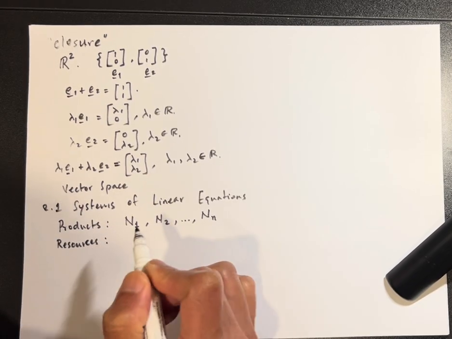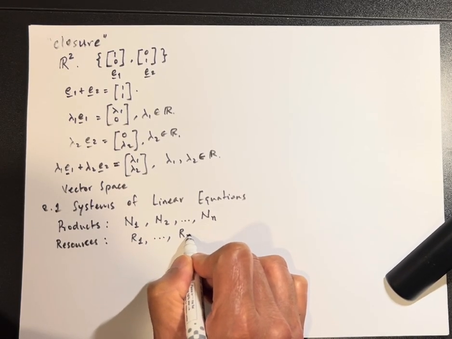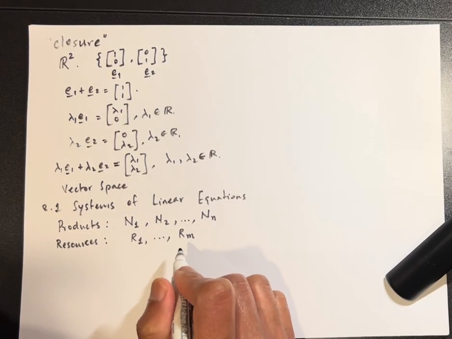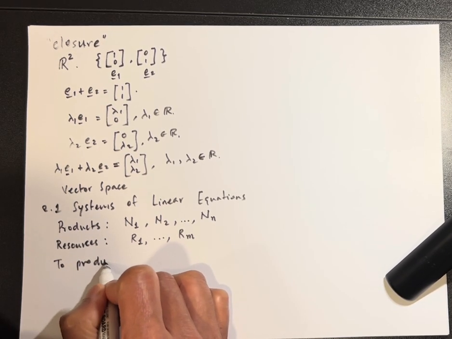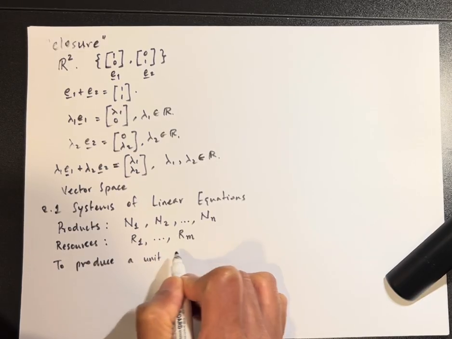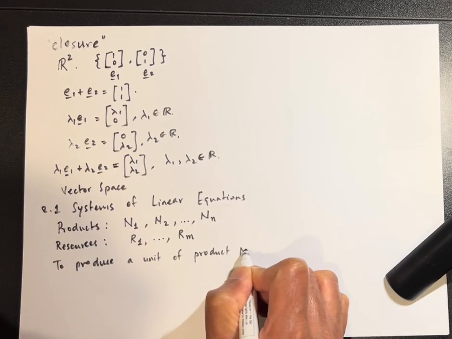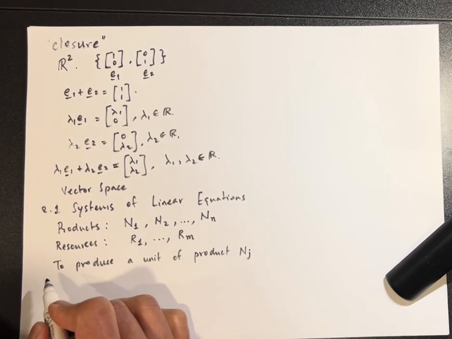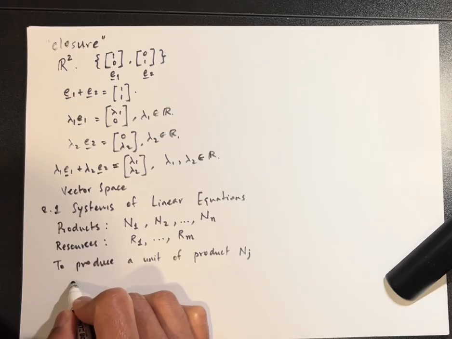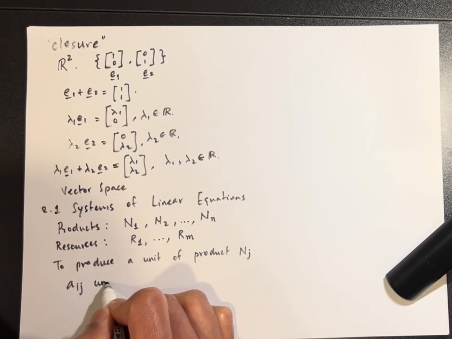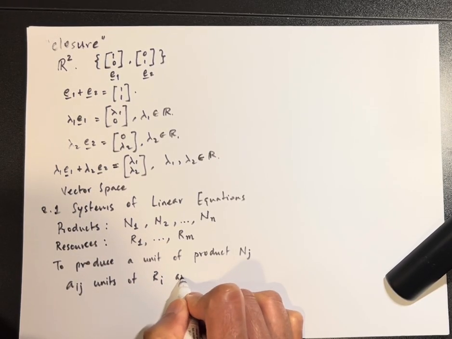The resources are R1 and R2 up to Rm, and to produce a unit of product Nj, they are using this notation, a_ij units of Ri are needed.